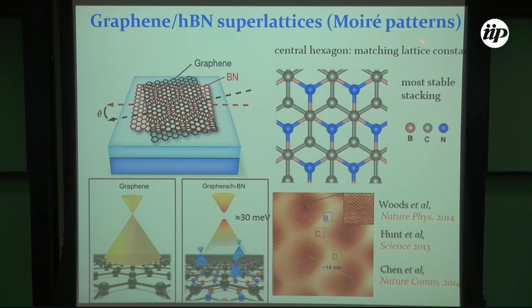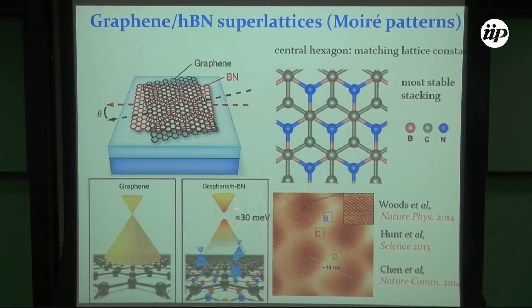So there is a very stable situation which can create a very large gap, of the order of 30 millielectron volts. But you have also many different types of commensurate stacking, which create a moiré pattern. And in this situation, the gap is not completely homogeneous. We'll come back to that later.